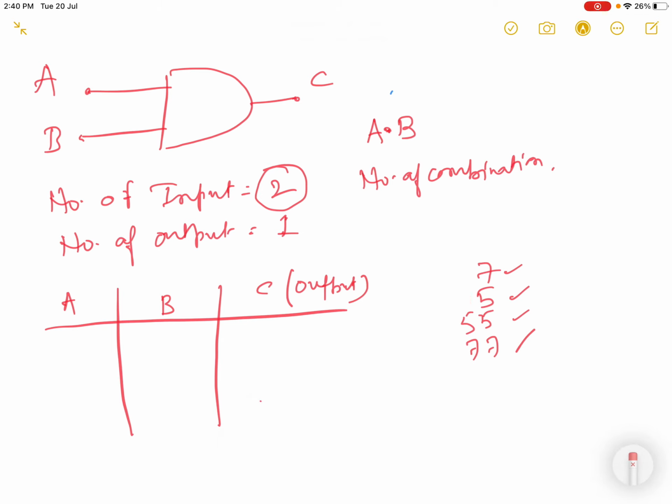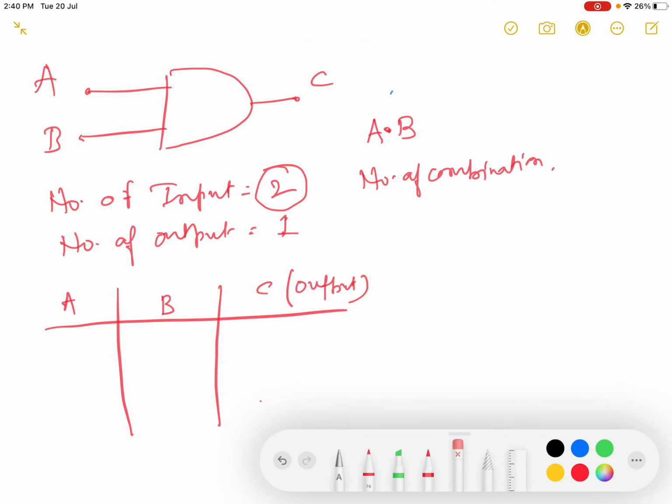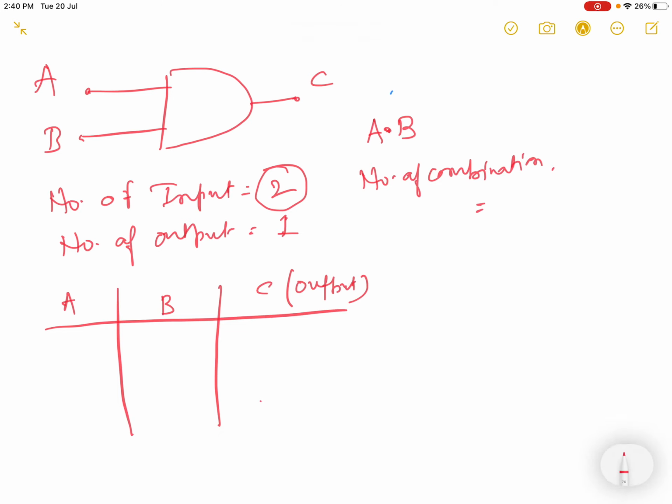There is a formula for the number of combinations: 2 to the power n, where n equals the number of inputs. Here the number of inputs equals 2.